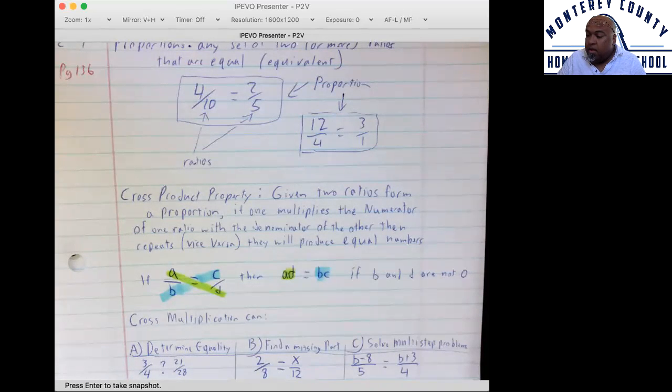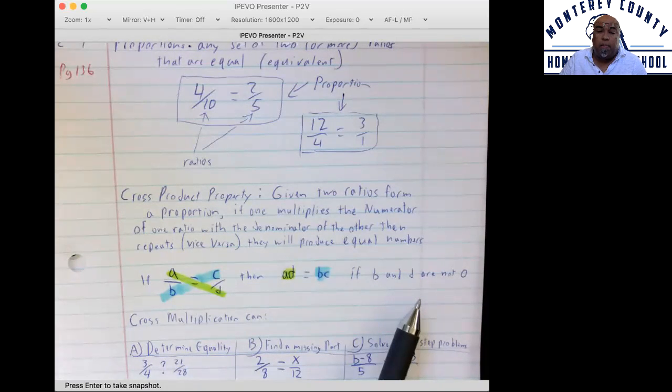Now, here's a proportion just written with letters just to demonstrate. So if the numerator of one times the denominator of the other, A times D in this case, because I named them A, B, C, D, are multiplied, and vice versa, B times C here are multiplied, then their answers are going to be equal, provided that the value of B and the value of D are not 0.